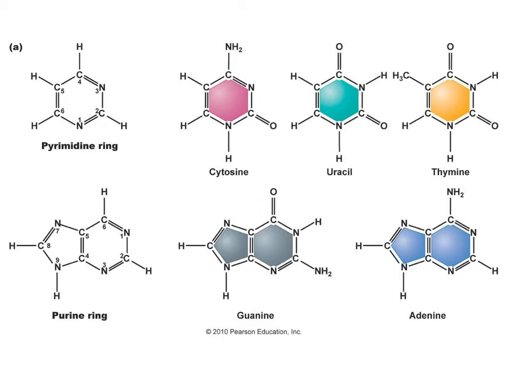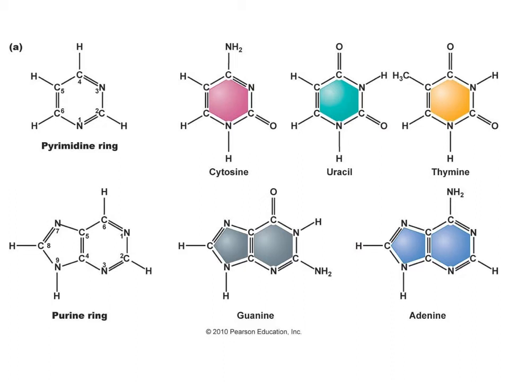The sugars between different nucleotides, a term we'll get to in a moment, the sugars are all the same within DNA. But what's not the same is the bases. So there are different bases, and you've learned these as guanine, adenine, thymine, and cytosine within DNA. And then within RNA, instead of having thymine, you have uracil.